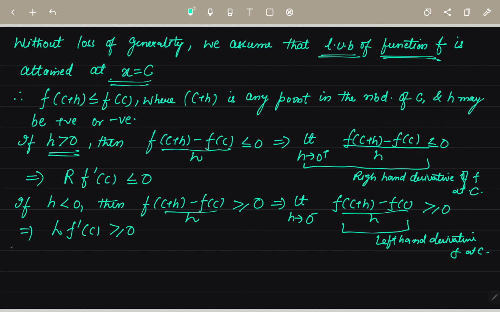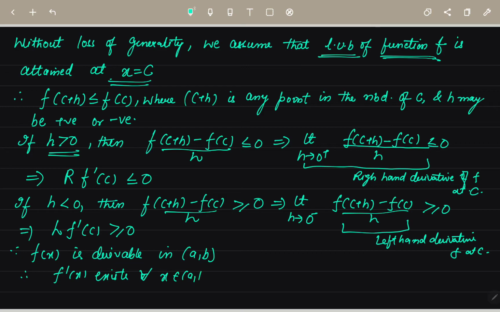Now since f(x) is derivable in the open interval (a, b), what happens? This means that f dash x exists for all x belonging to the open interval (a, b).